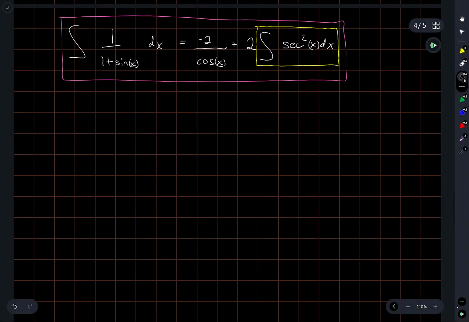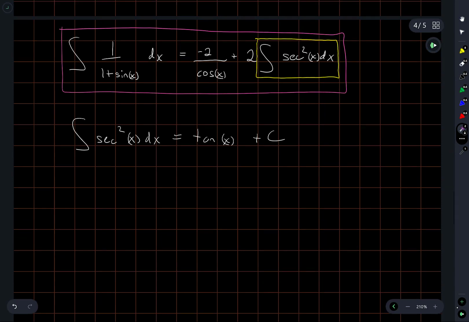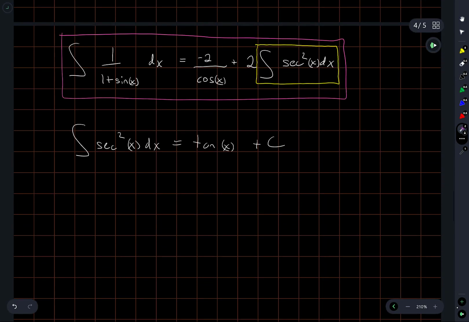So I'm an idiot, and the integral of secant squared is just tangent. In fact, I used this in my rough work up above. I used the fact that the derivative of tangent is secant squared at some point.